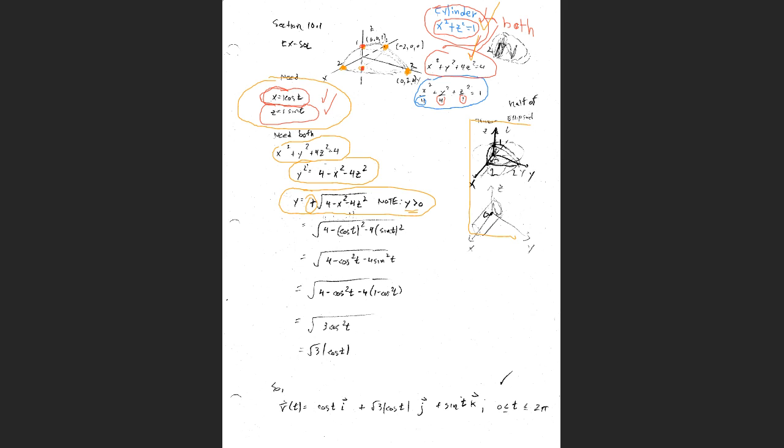So now I know what y is, and I'm going to substitute the parametric equations for x and z. This is fine, but I want to simplify it a little bit. Sine squared is 1 minus cosine squared, and so I end up with the square root of 3 cosine squared of t. That's just the square root of 3 times the absolute value of the cosine of t.